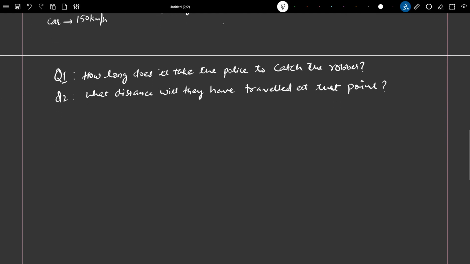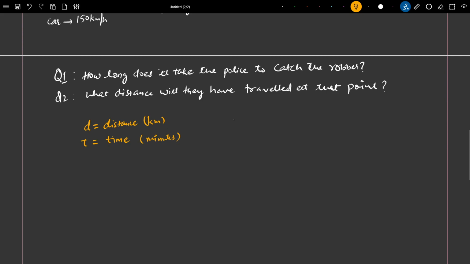Okay. So now, one thing we know: let's say d is the distance and t is the time. Distance is in kilometers, time in minutes.